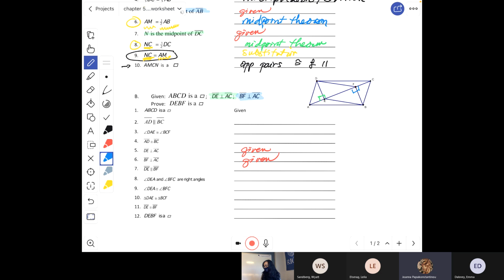Did y'all get it already? Yes, you've already justified these? Feel free to do the next one. C and D. If you've already finished B, go ahead and do C and D. That's part of your homework. The rest of you keep working on B.